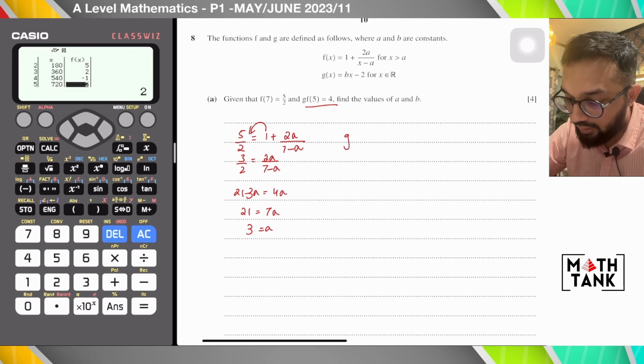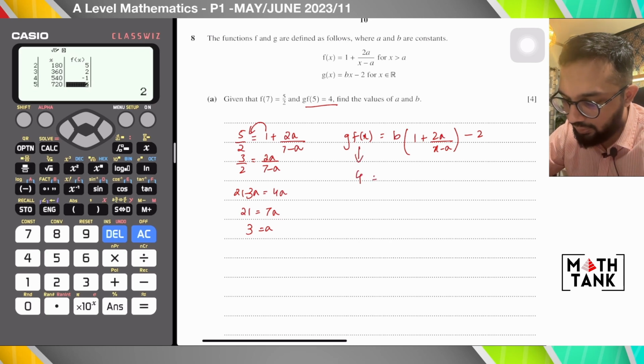Then gf of 5 equals 4. So first I'll construct gf of x. Gf of x is basically b into 1 plus 2a over x minus a, minus 2. Now x is 5 and y is 4. So I'm going to write 4 equals b, x is 5, and I've already found out a.